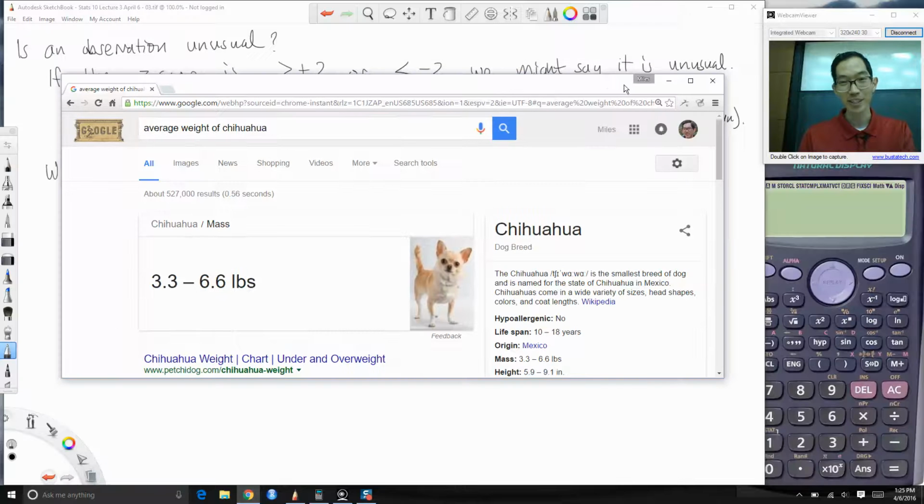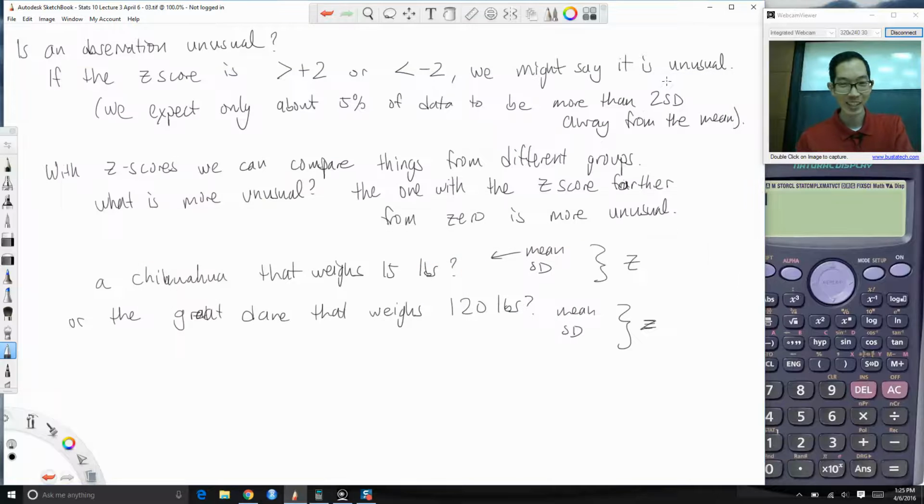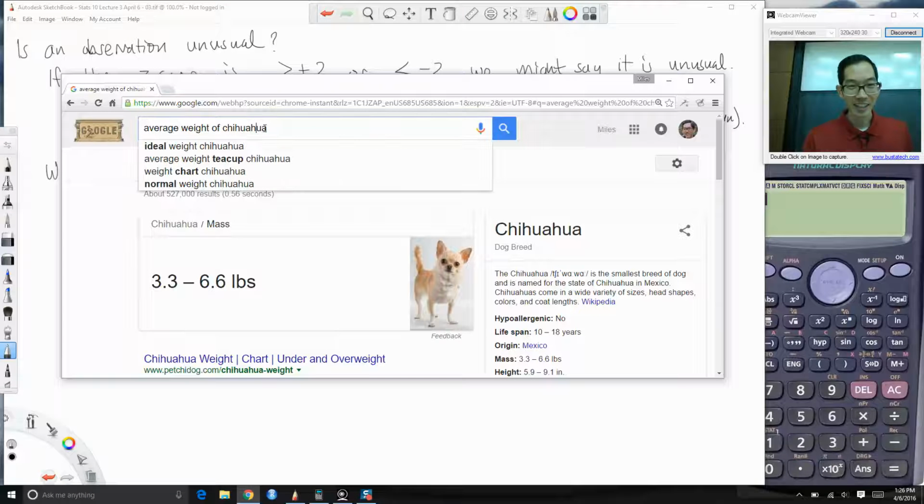Okay, so they're tiny. So a 15-pound Chihuahua, we would say something's quite severely wrong. Okay, average weight of a Great Dane.